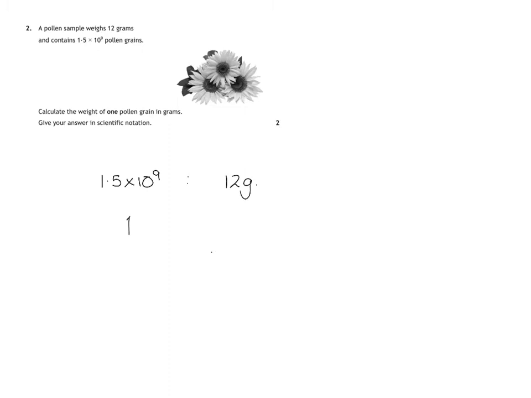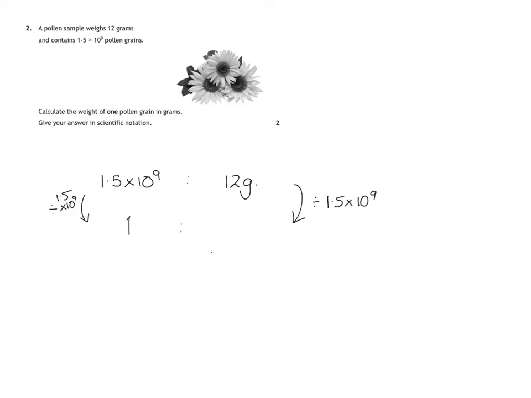So for 1 grain, I'm going to have to divide both sides effectively by 1.5 times 10 to the 9, working it the same way as you would with any kind of ratio.